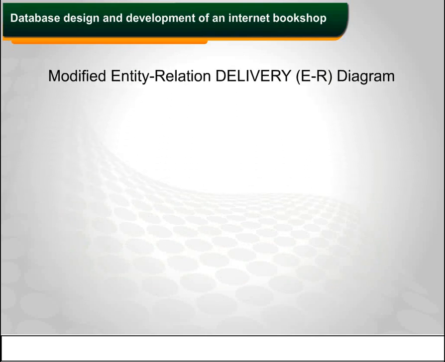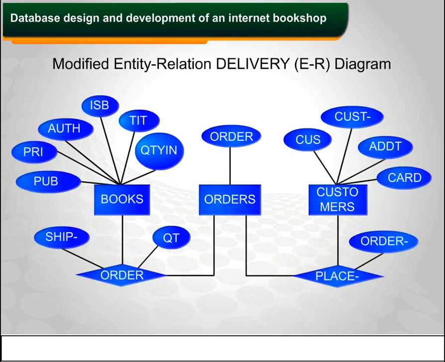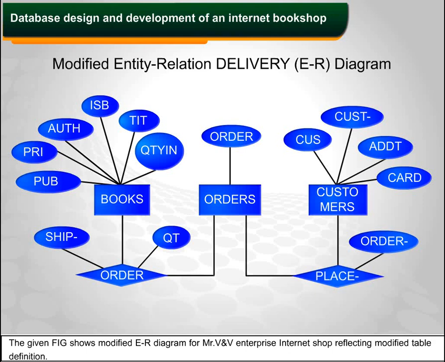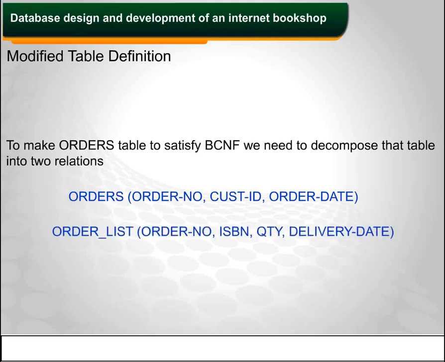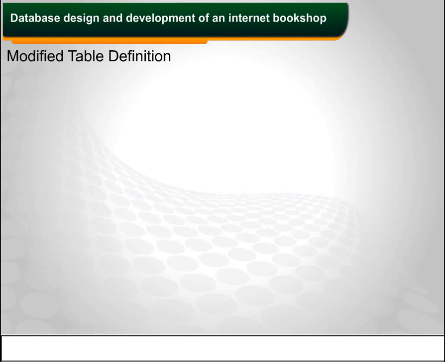Modified entity relation delivery ER diagram. The given figure shows the modified ER diagram for Mr. V and V Enterprise Internet Shop reflecting the modified table definition. To make the orders table satisfy BCNF, we need to decompose that table into two relations: orders, consisting of order number, CUST ID, order date; and order list, consisting of order number, ISBN, quantity, delivery date.